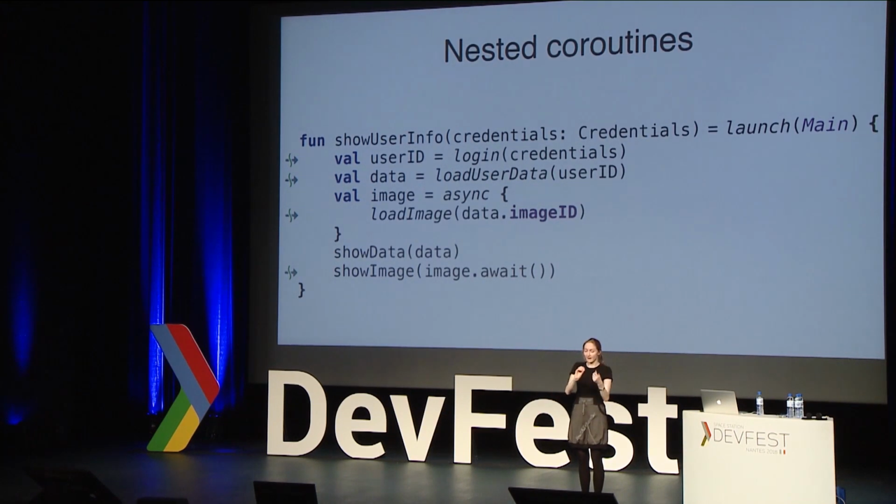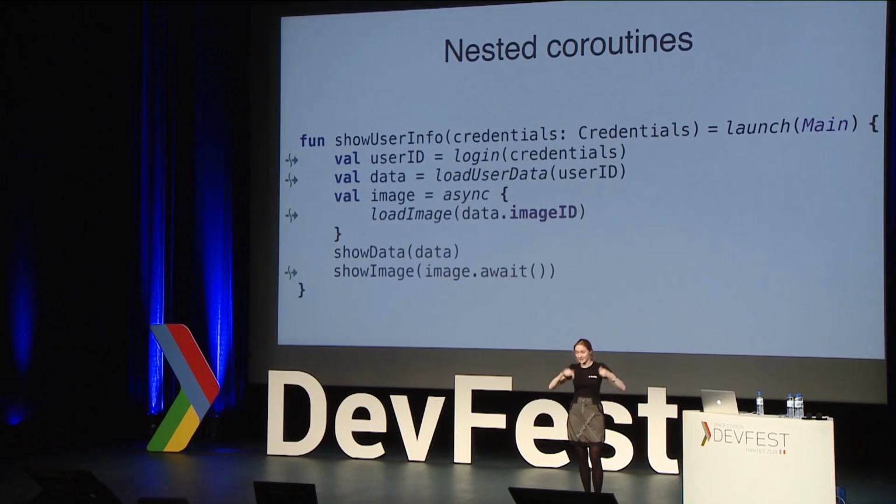And at this moment, an interesting story begins, because you may ask, what about errors and exceptions? What happens, for instance, if an error occurs in your nested coroutine? Will it be cancelled? Will the outer one be cancelled, and so on?